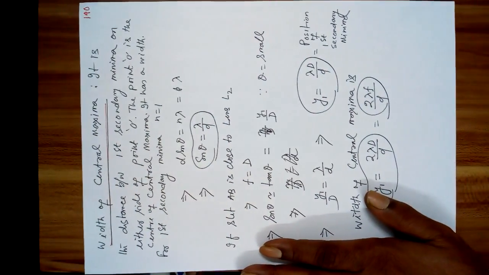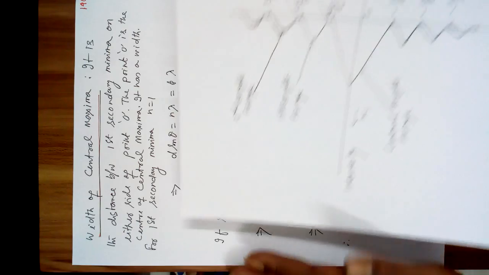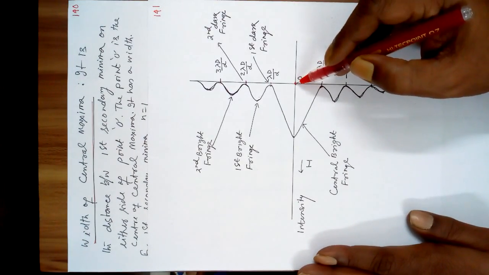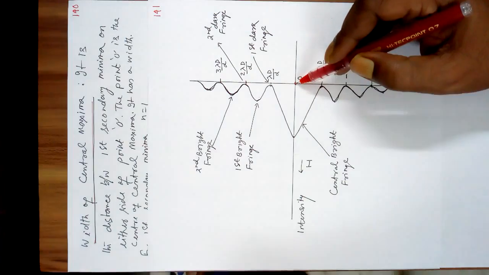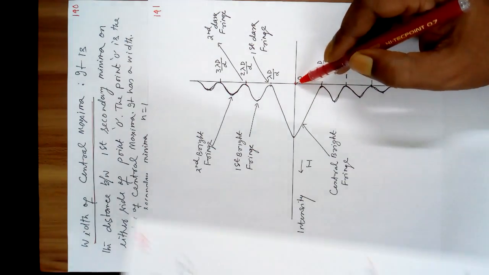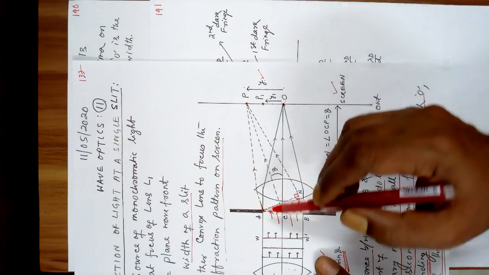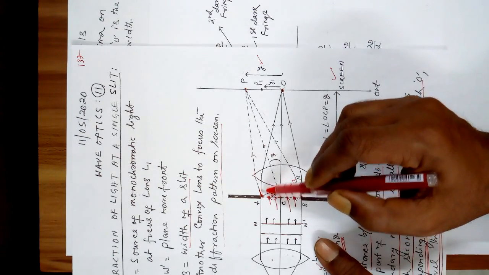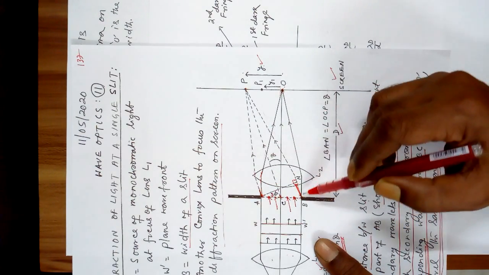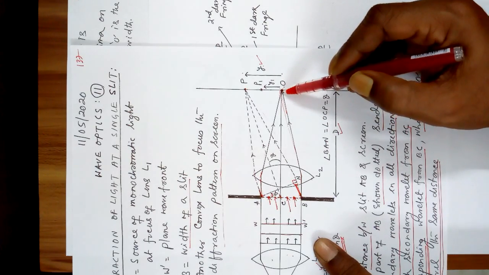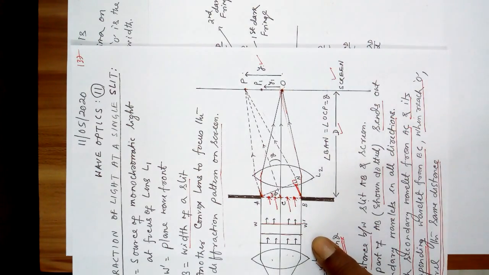Width of central maxima. Along with this, let me show you this figure. Now look, this was the same point O as it was shown in the first phase. There is a maxima which I explained, because this path and this, they don't have any path difference, that is path difference 0. 0 corresponds to a phase difference 0.